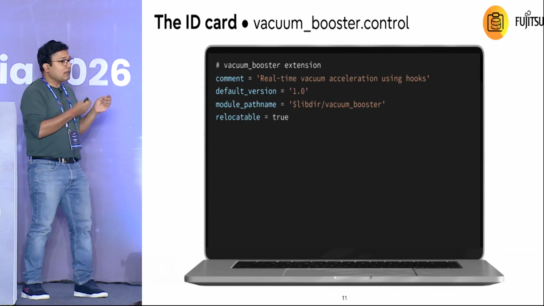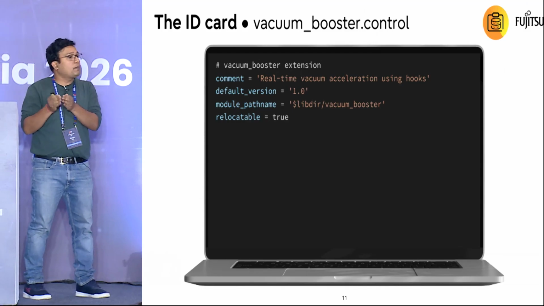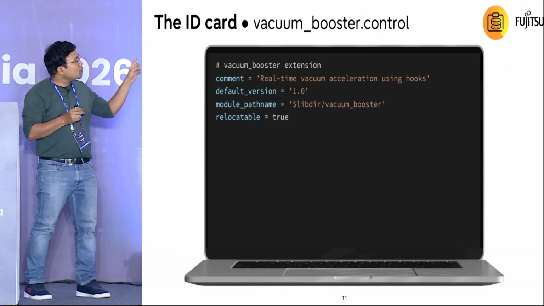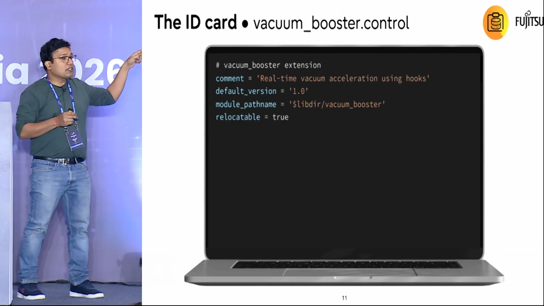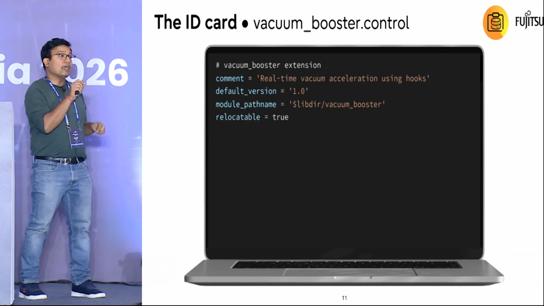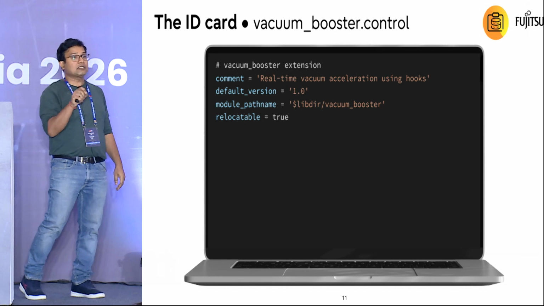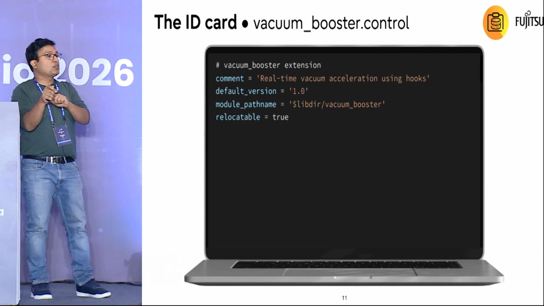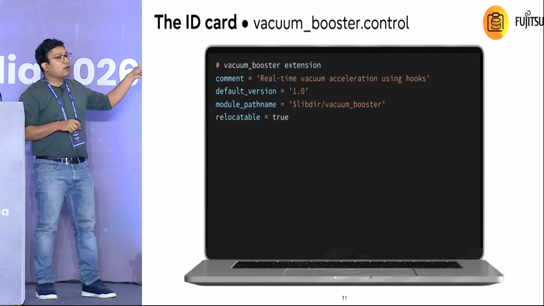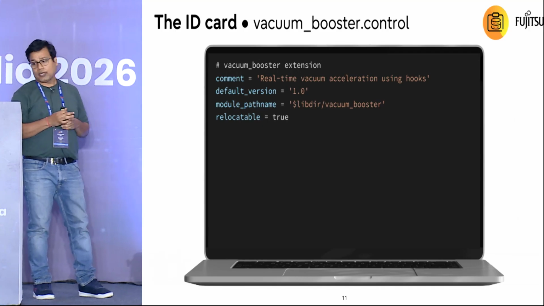Those by default will be installed to the public schema. Now if you set relocatable, the vacuum booster implementation lets you say no, I want all these database objects to be put in my own schema. So you can specify that, and relocatable handles that part.